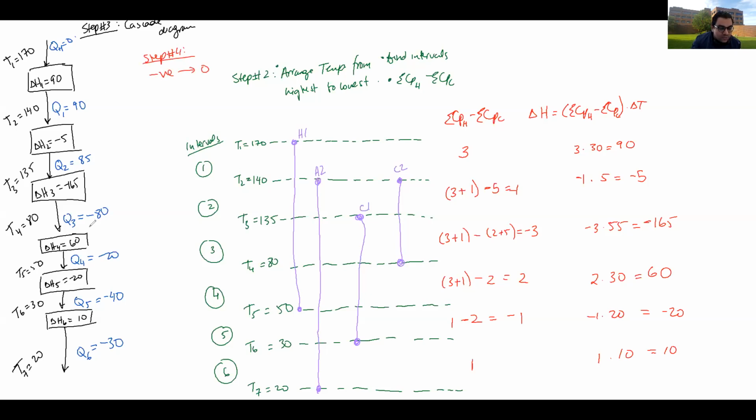So in this case, the most negative point is minus 80, and my pinch point, my cold pinch is 80. So I'm going to add 80 kilowatts at the top. So now my QH is equal to 80, and I'm gonna let this 80 cascade down. So 80 plus 90, Q1 becomes 170.